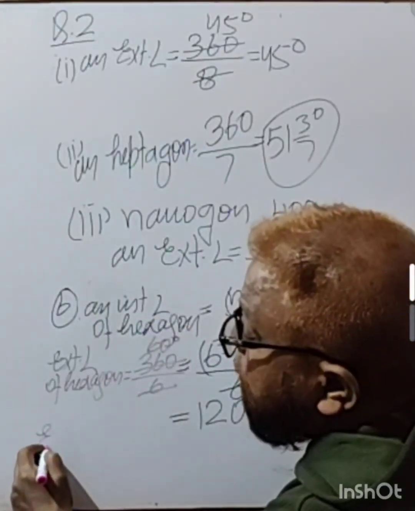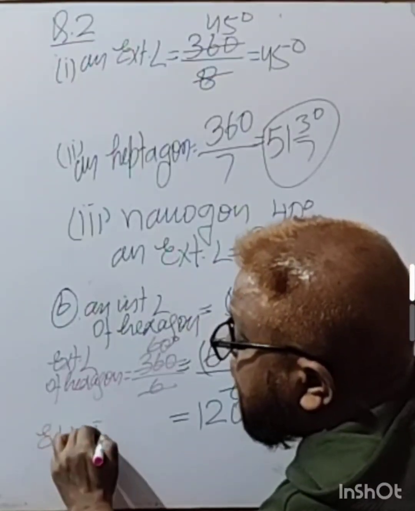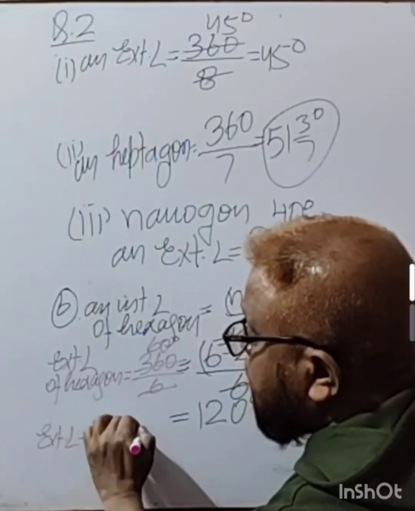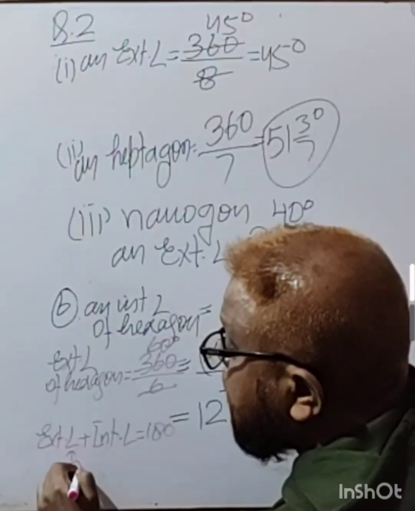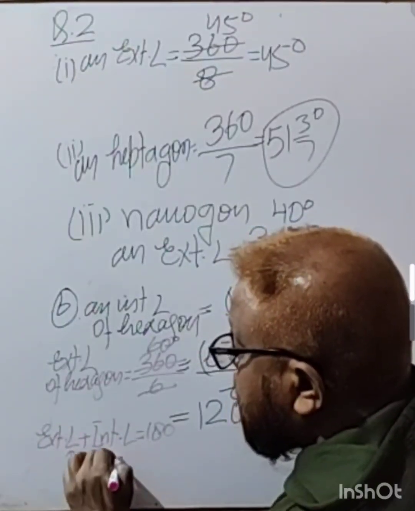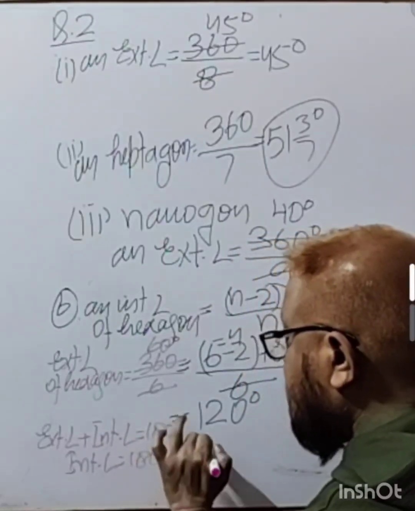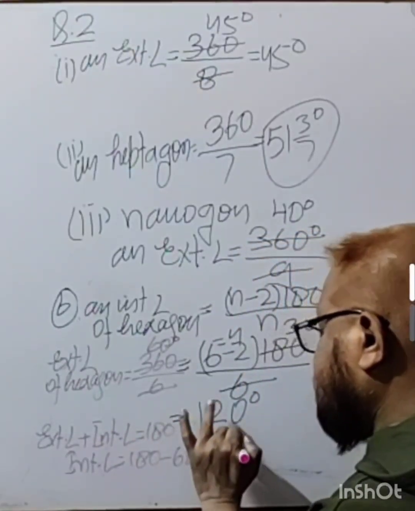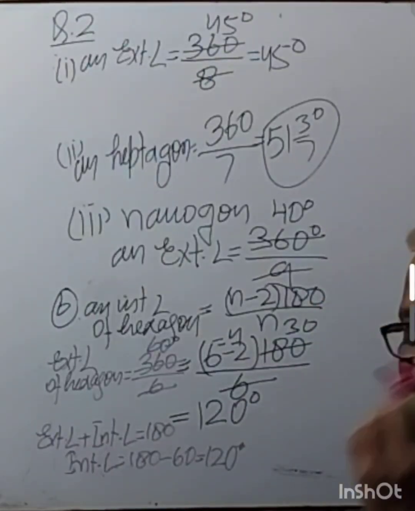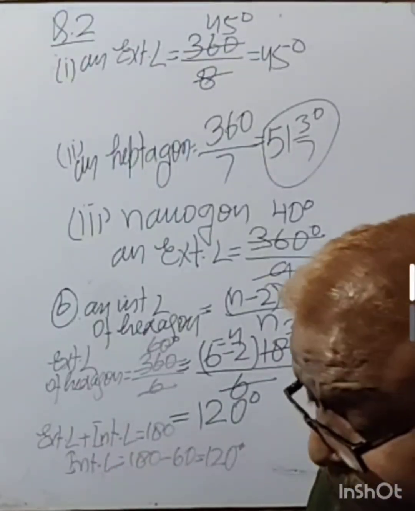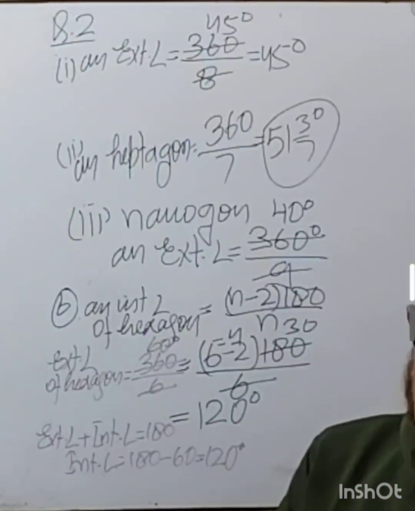Now exterior angle plus interior angle is equal to 180 degree. So interior angle is equal to 180 minus 60, which becomes 120. Right? We can do it this way also.